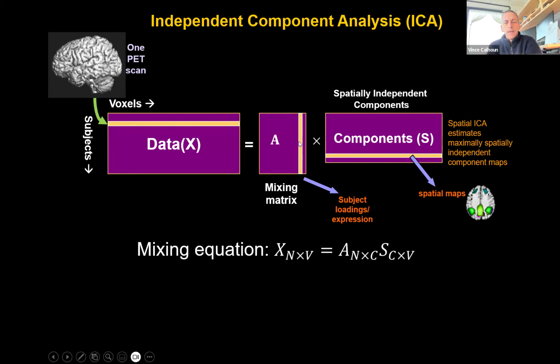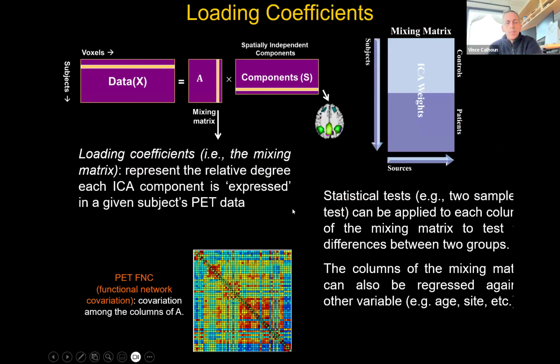And then this mixing matrix contains loading parameters, which give us subject-specific information about the component. Those loading parameters coming out from the mixing matrix, I like to describe as representing the relative degree to which each ICA component is expressed in a given subject's PET image.